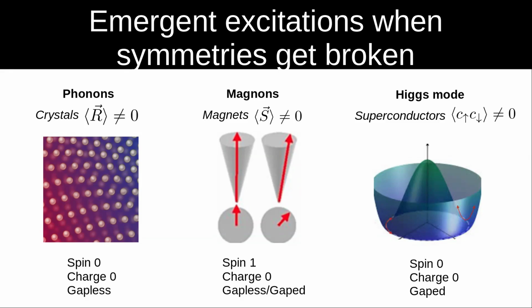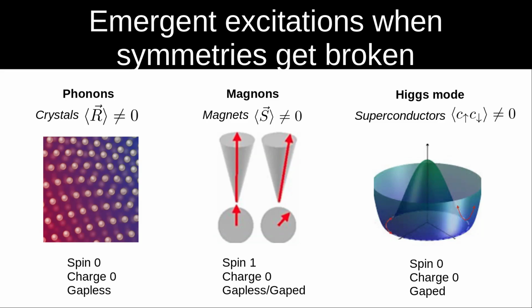This breaking of the continuous translational symmetry in real space gives rise to a quasi-particle that is called a phonon, that you are already familiar with from the materials physics course. If you have other symmetries, such as the spin rotational symmetry in your material that gets spontaneously broken, then you may have a different type of fundamental excitation, which is called a magnon.